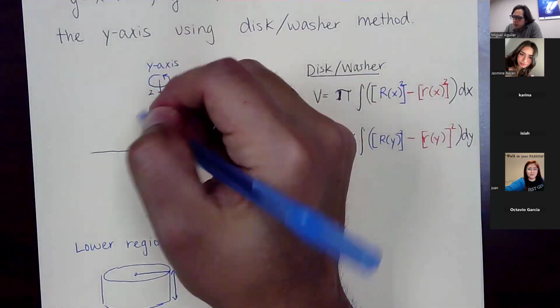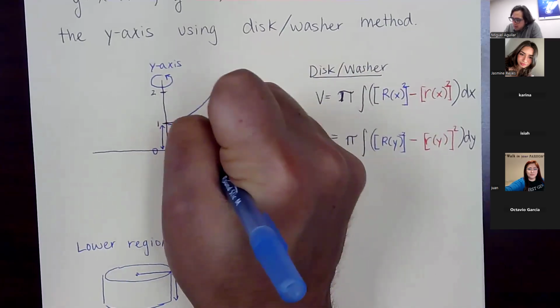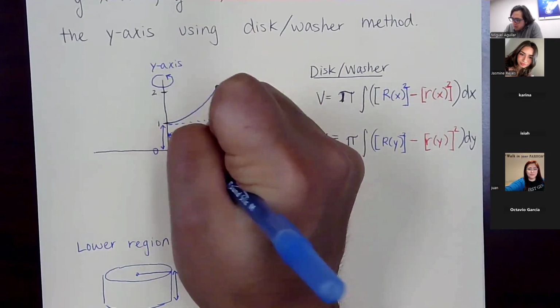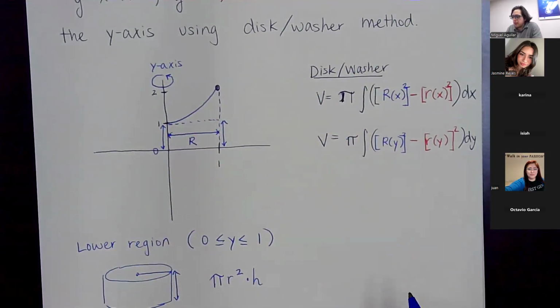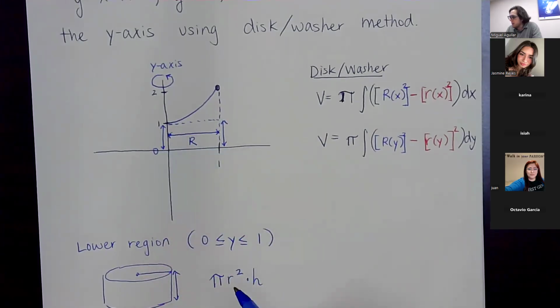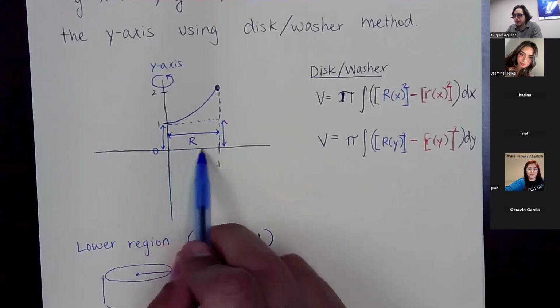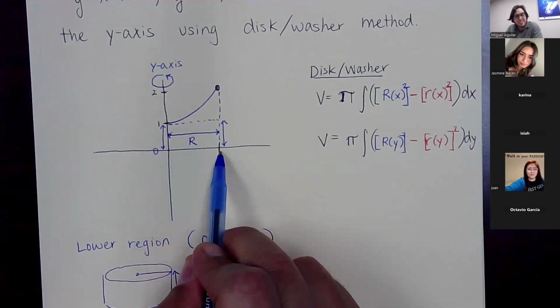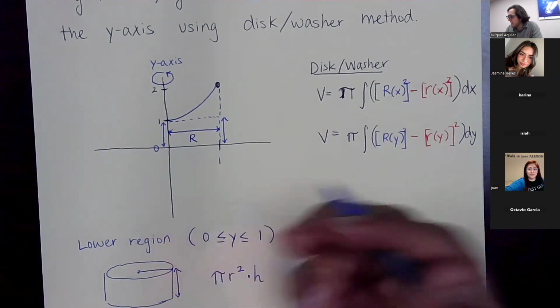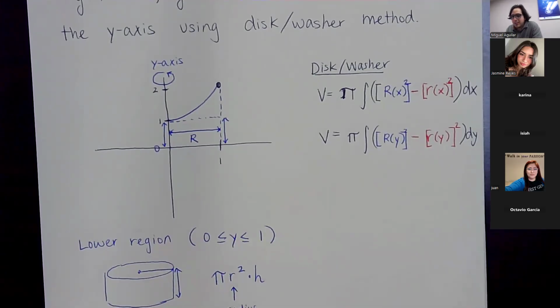But even then we don't really need that, because what's the radius here? What is this radius from the axis of rotation to this x value of 1? Anybody know the distance from 0 to 1? It's just 1, right? So the radius is 1.